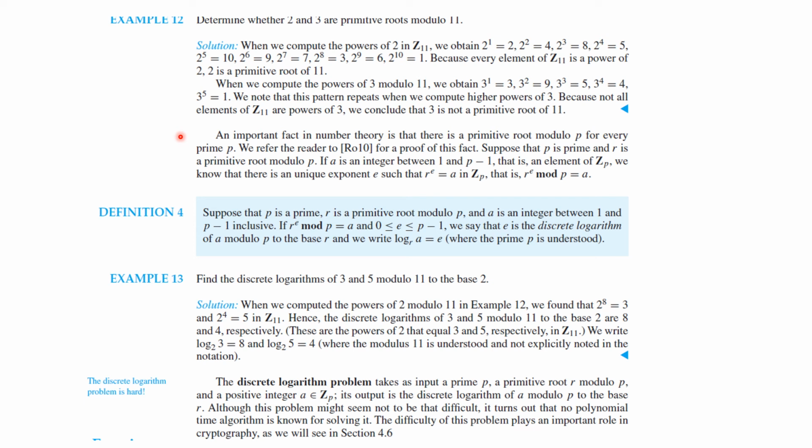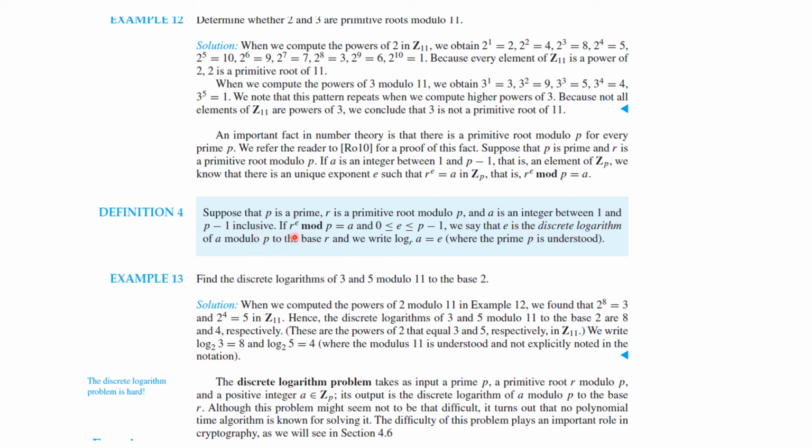An important fact in number theory is that for every prime p, there is a primitive root modulo p, and that can be proven. And so there's a primitive root, and that leads us to the definition of logarithms. Suppose that p is a prime and r is a primitive root modulo p, and a is an integer between 1 and p minus 1 inclusive.